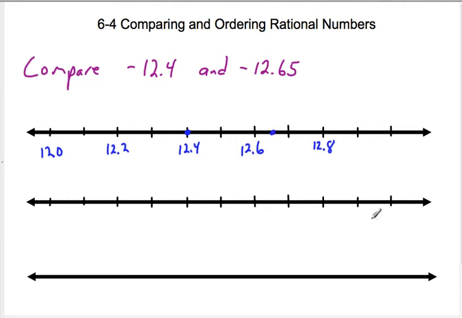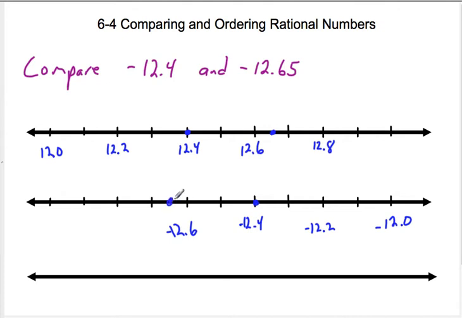Now when it's on the negative side, negative 12 is here, negative 12.0, and then negative 12.2, negative 12.4, and so on. And so in this case, negative 12.4 is here, and negative 12.65 would be here.